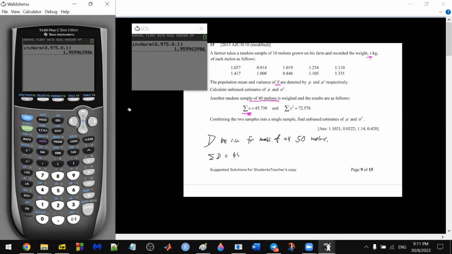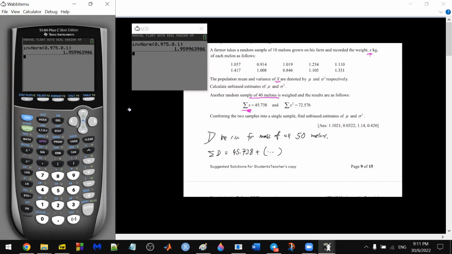Okay. 5.738, the sum from the 40 melons, and then the sum from the 10 melons, which you calculated. I don't know what the value is. Sum all this. Okay, I think that works.